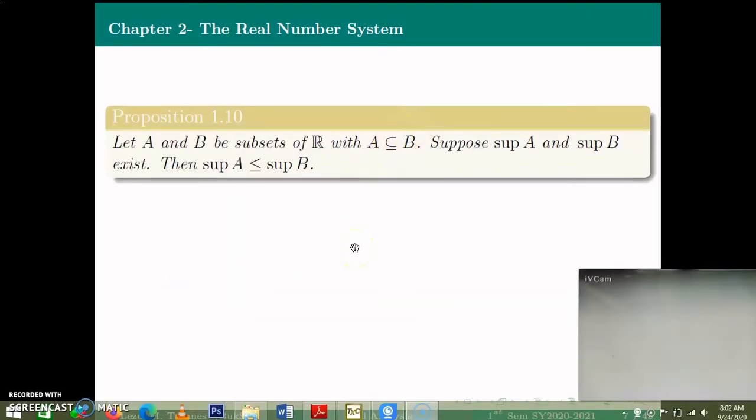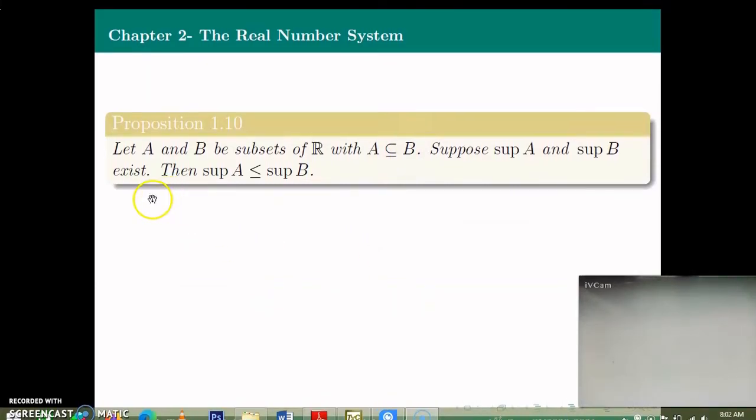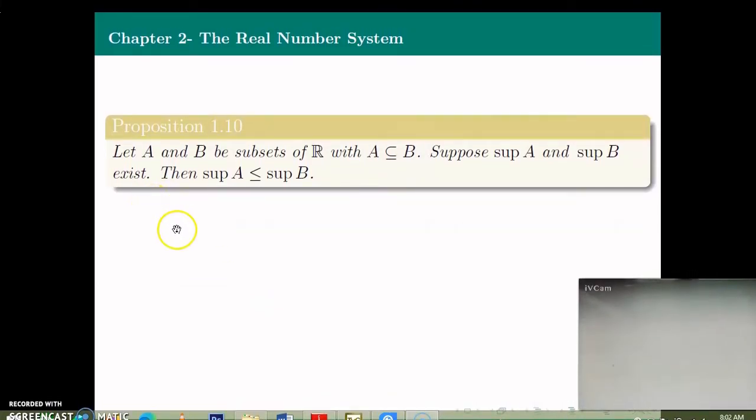Now let us have Proposition 1.10. Let A and B be subsets of R with A a subset of B. Suppose the supremum of A and the supremum of B exist.